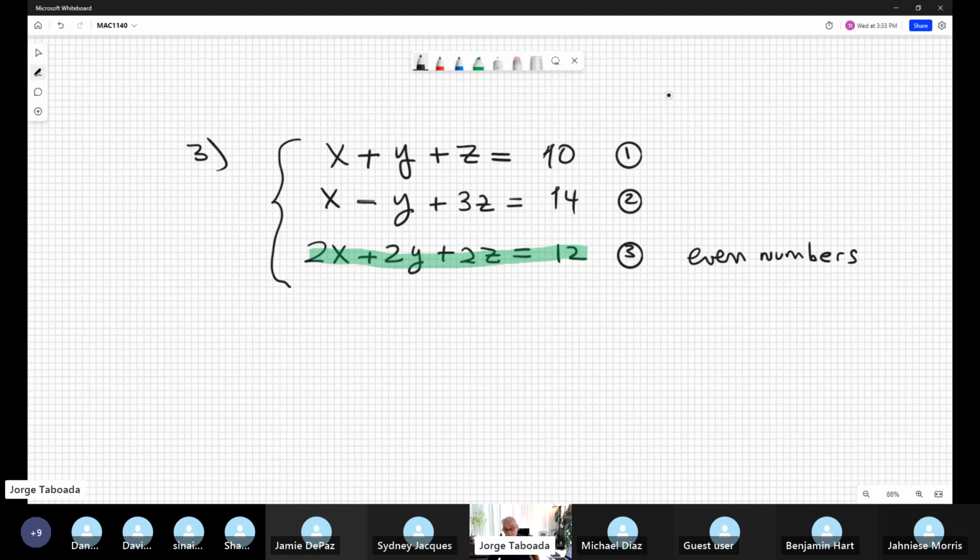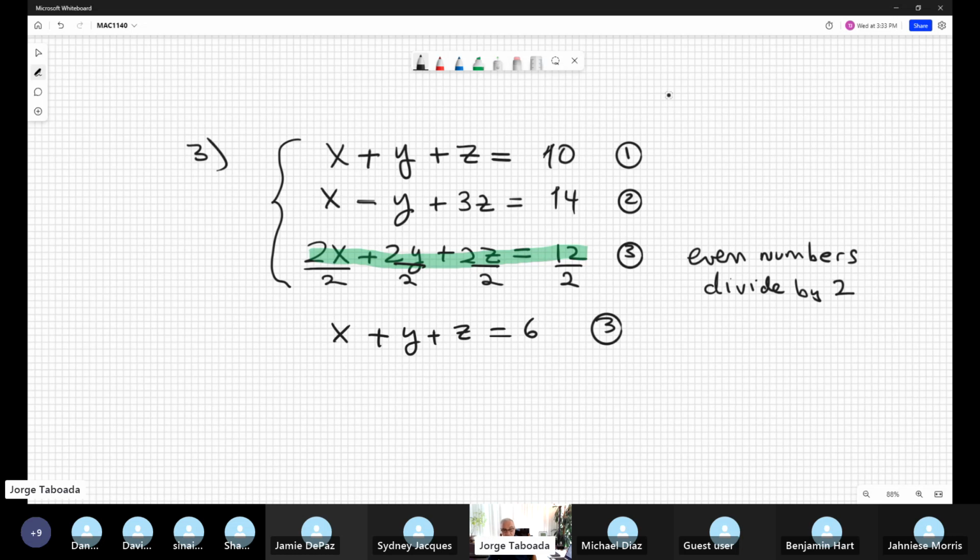So you can divide the entire equation 3 by 2. This is perfectly legal, like a row operation, and thus you have x plus y plus c equals 6, 12 divided by 2 is 6. And this equation is 100% equivalent to the original third equation.